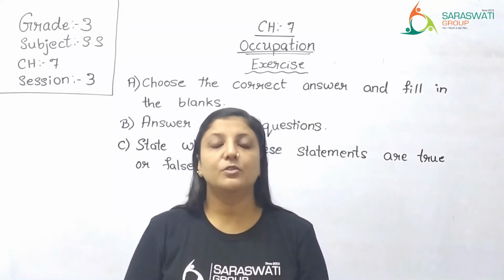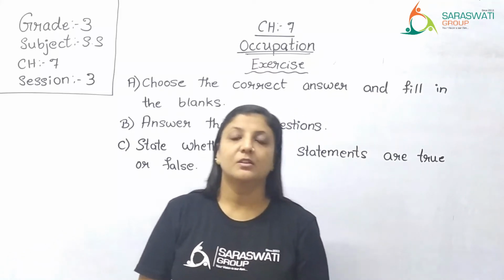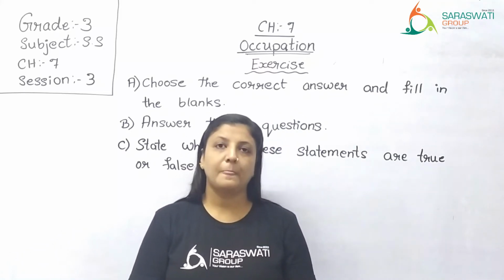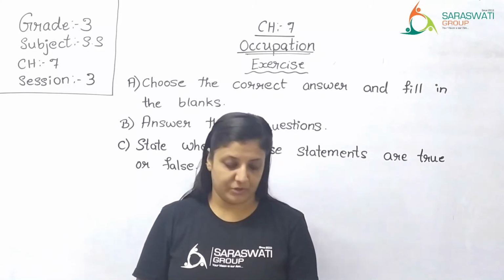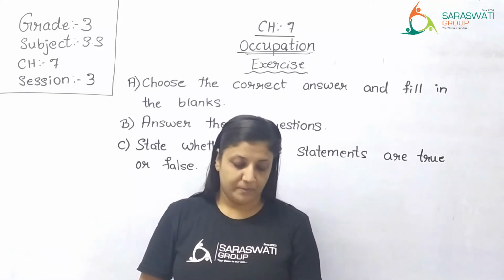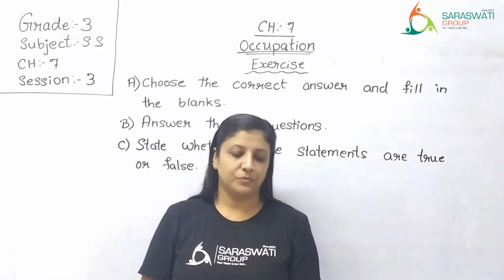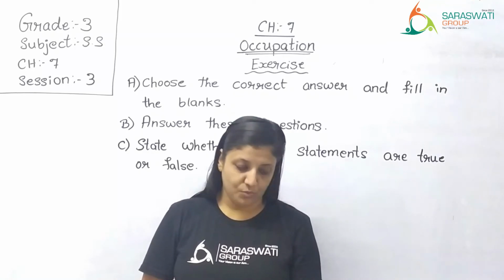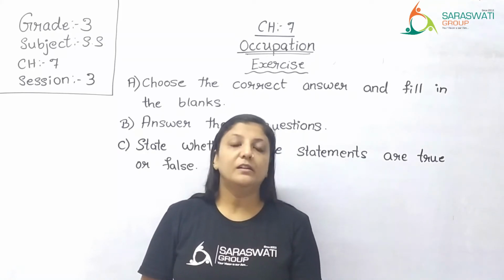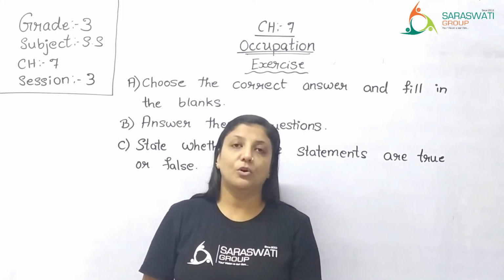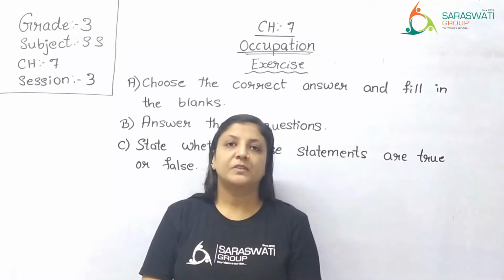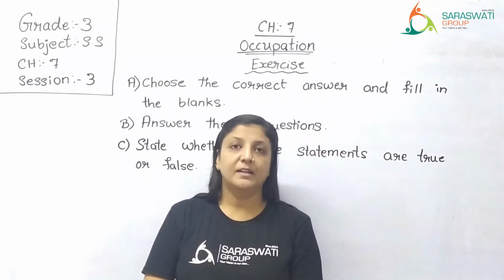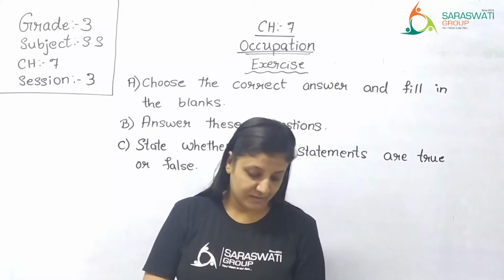Now, let us look into the vocabulary words of the chapter. These vocabulary words are to be written in your CW books. First one, occupation. OCCUPATION, occupation. Skills, SKILLS, skills.